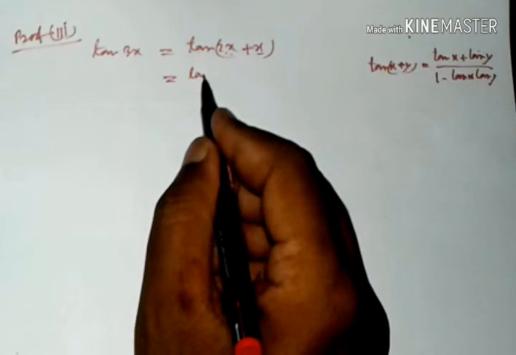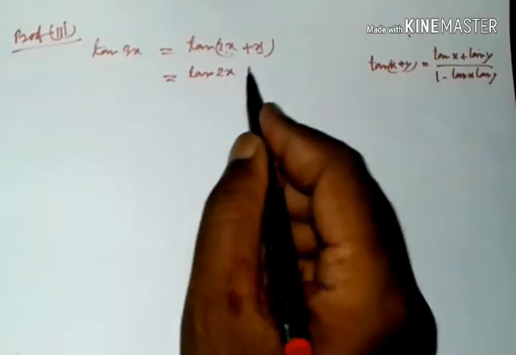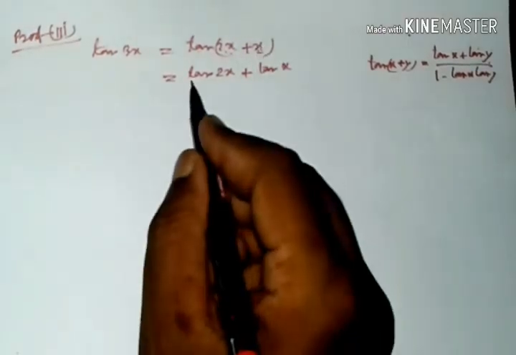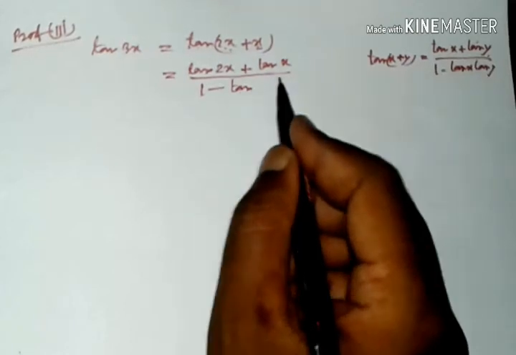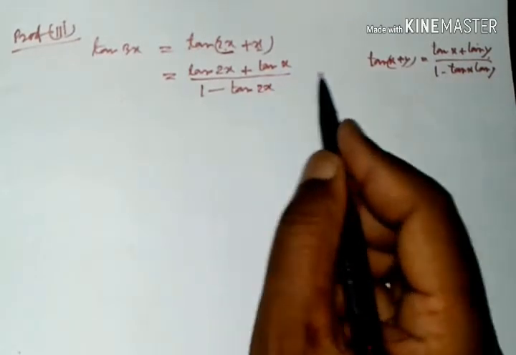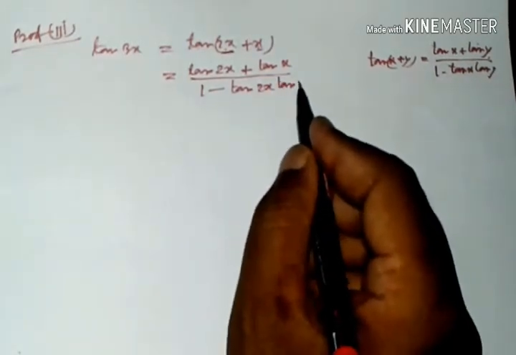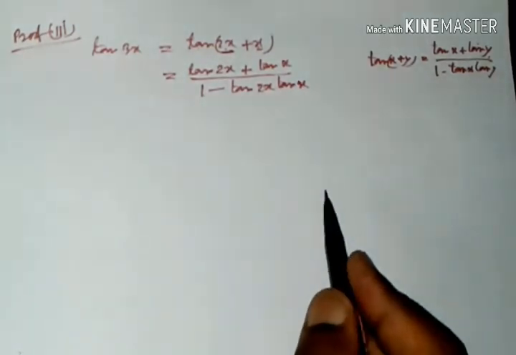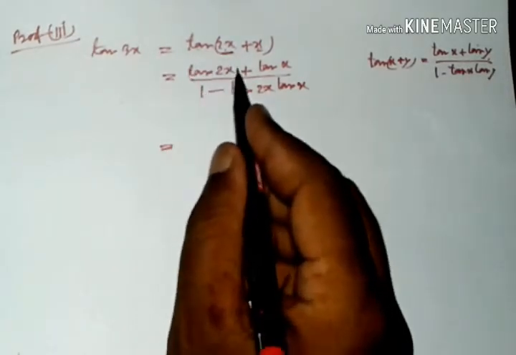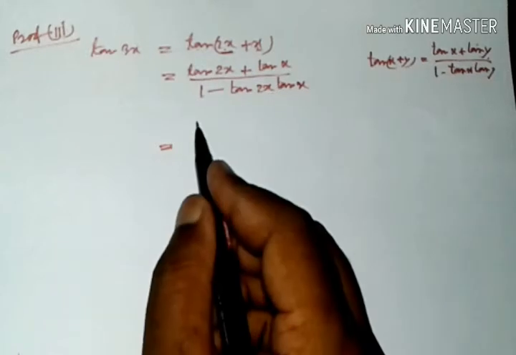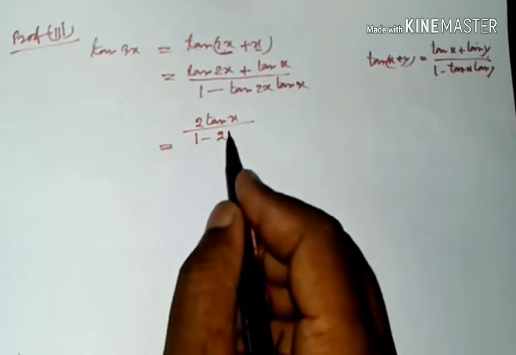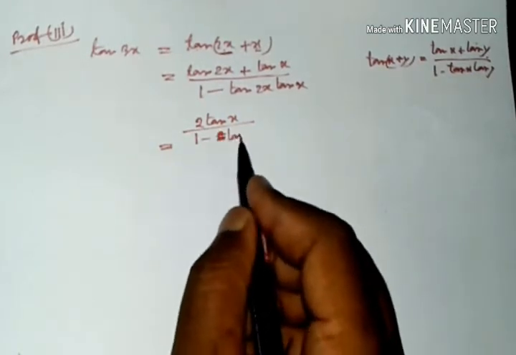Therefore tan 2x plus tan x, y means x, divided by 1 minus tan 2x tan x. Now we have to split tan 2x. Tan 2x means 2 tan x divided by 1 minus tan square x, as we have discussed in earlier classes.